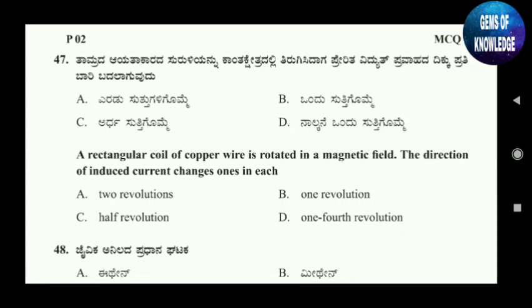In that, when the copper coil is rotated, the direction of induced current changes once in each half revolution, isn't it? So it changes its current in half of a revolution. So the correct answer is nothing but the half revolution.